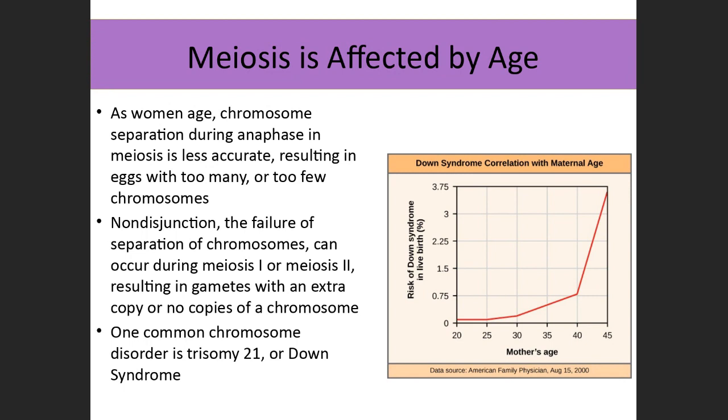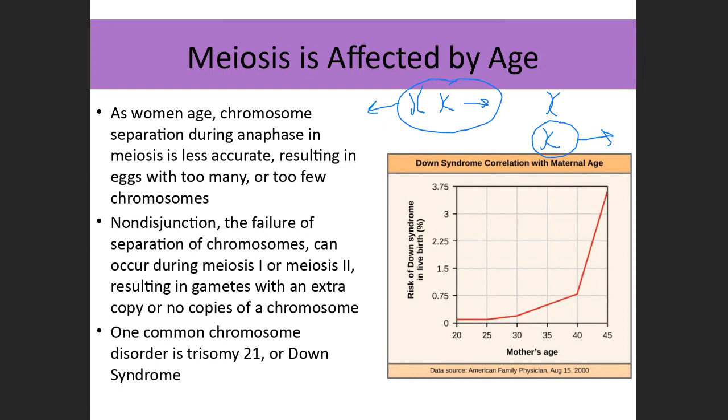So as they age, some of that chromosome separation during anaphase is happening in an old egg, right? It may have been there for 30 years or 40 years. And so when the chromosomes are supposed to, one go this way and one go that way, they might both end up going in one direction or both go in the other. Or in meiosis 2, when they're lined up like this, right, these two might stick together and both go in one direction instead of splitting up.